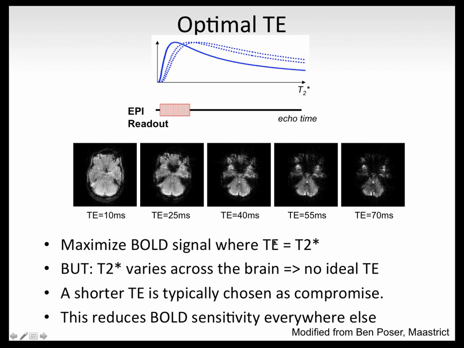Ideally, you want to acquire your image at TE equals T2 star, which is about 30 milliseconds at 3 Tesla, but it's not going to be optimal for all the parts of the brain that you're interested in. But you have to compromise somehow.